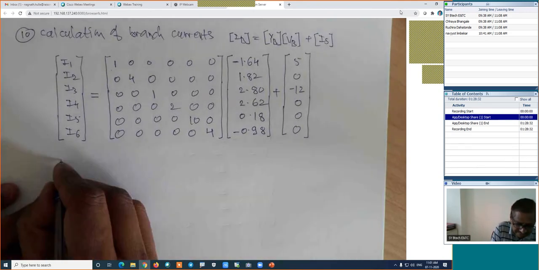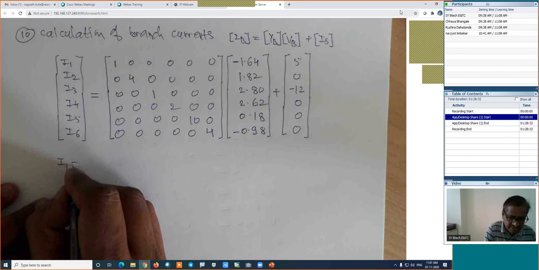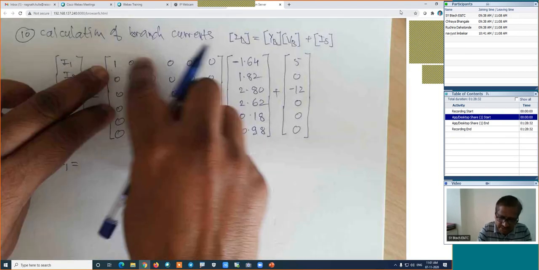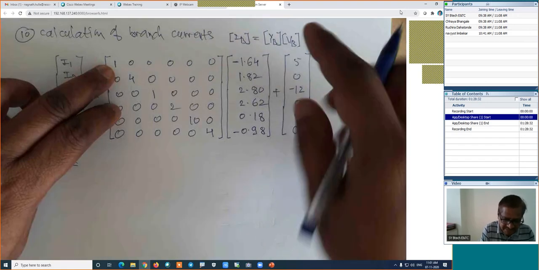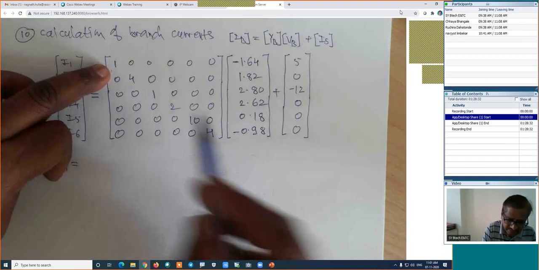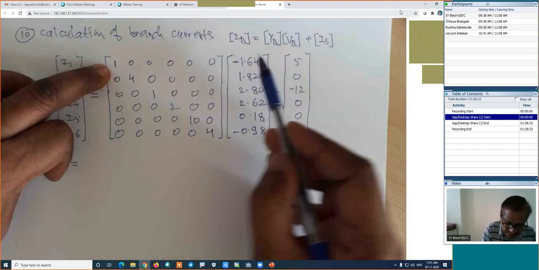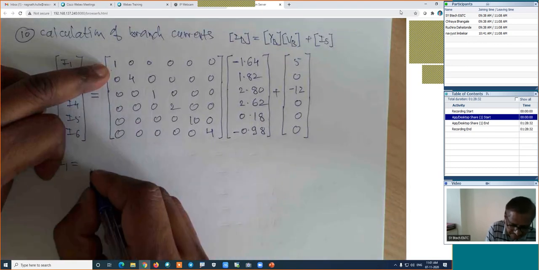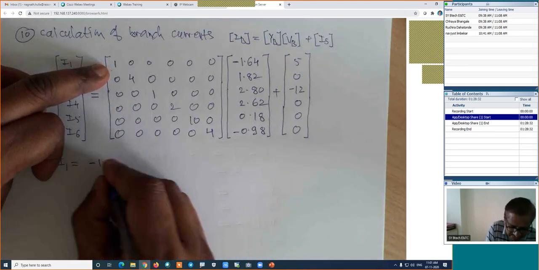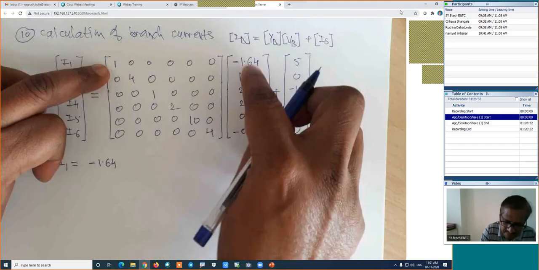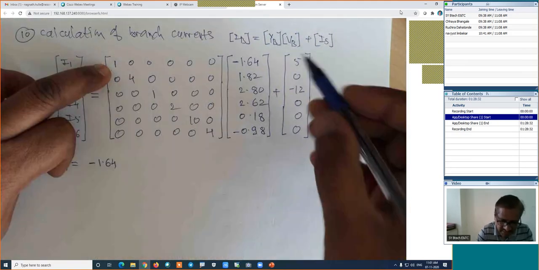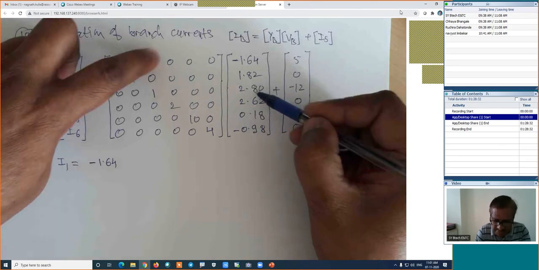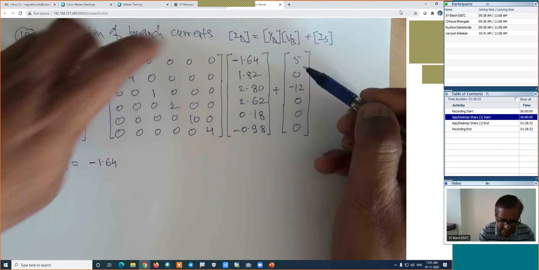calculation, which is I1. The first current, this I1, is nothing but this row into this column plus or minus this value. In this case, how is the calculation? Here 1 into this 1.64 means it will be minus 1.64. Plus this 5 plus 0 plus 0 plus 0 plus 0 plus 0 and finally this value.